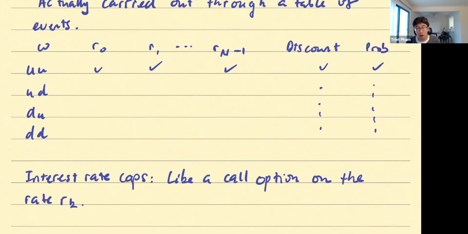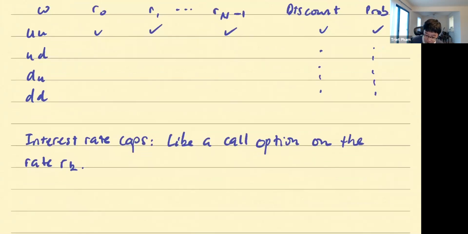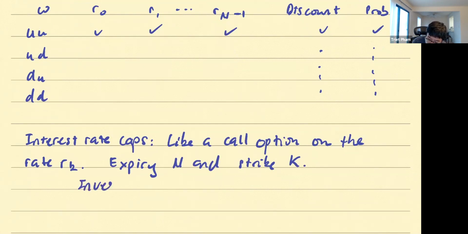We want to remember that an interest rate cap also has two components. It has an expiration and a strike K. But I prefer to think of it as more like an investment period, let's say from 0 to n.